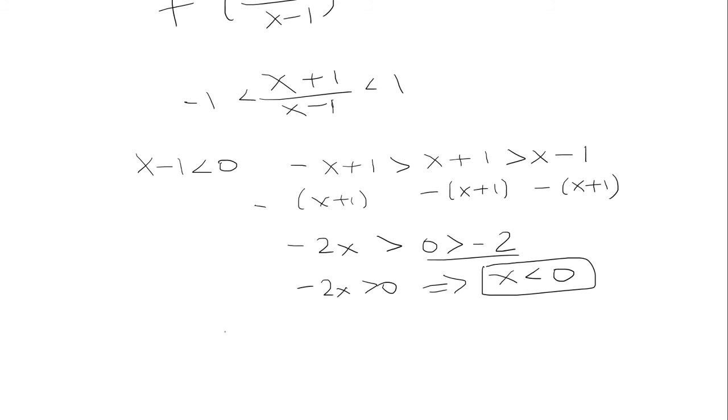Now for the second case, we're going to consider when x minus 1 is positive. Okay, so then I'm still going to multiply both sides by x minus 1, but the inequality is going to stay the same.